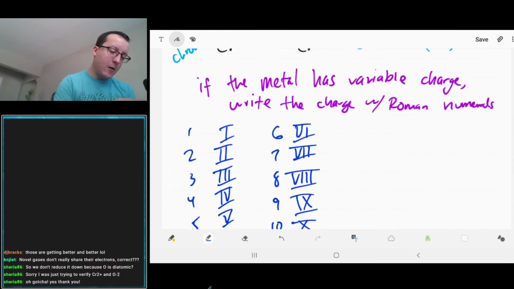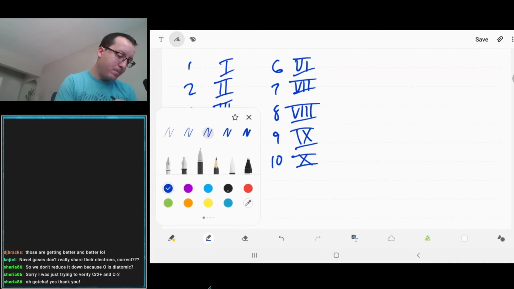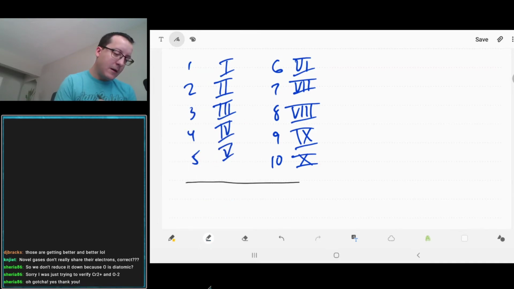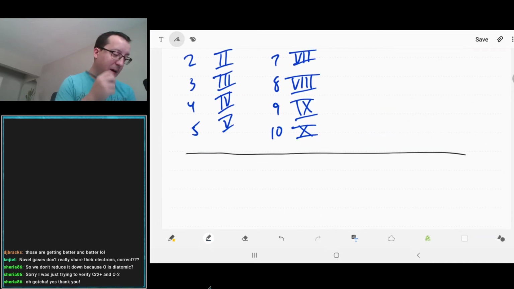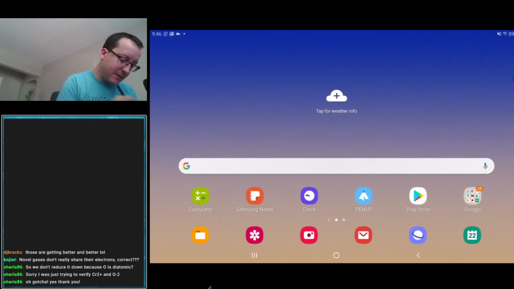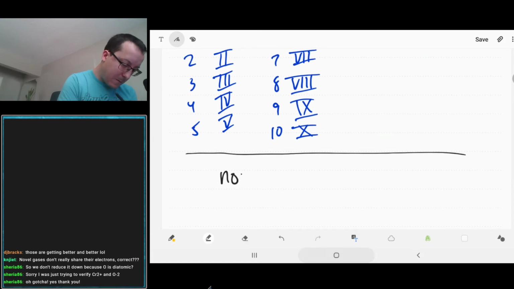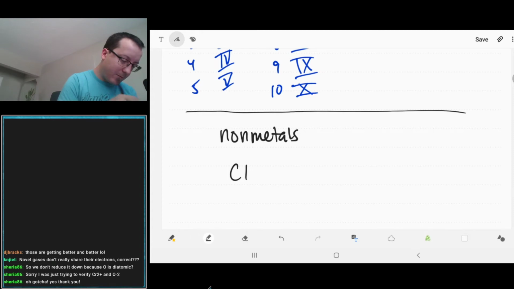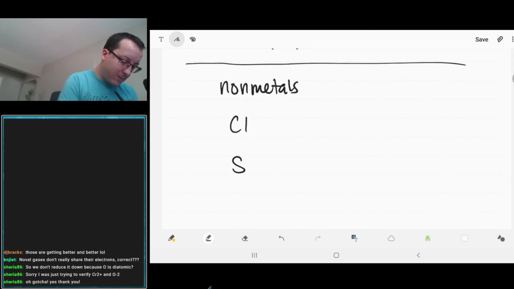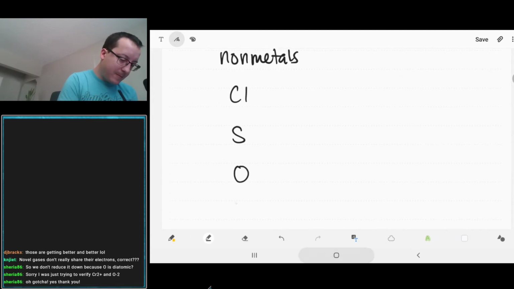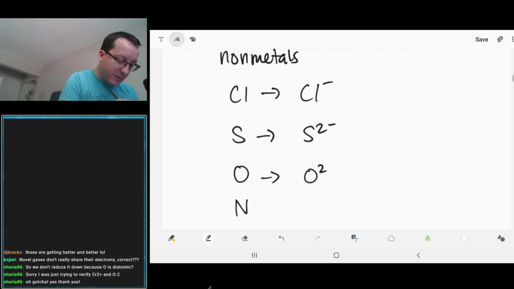Okay, so the last part of our naming before we actually put them together is nonmetals. We know that chlorine forms -1, sulfur forms -2, oxygen forms -2, nitrogen forms -3.